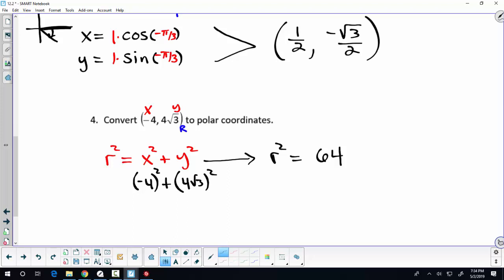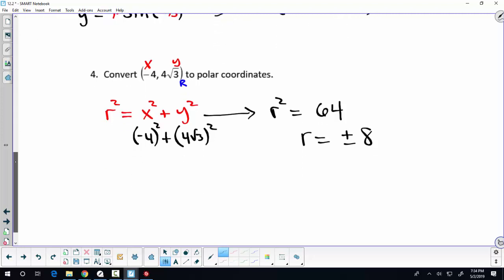So r squared is 64. And again, what that really implies is that r is plus or minus 8. Let's just choose r to be positive, theta to be between 0 and 2 pi again. There's not too much of an issue there.